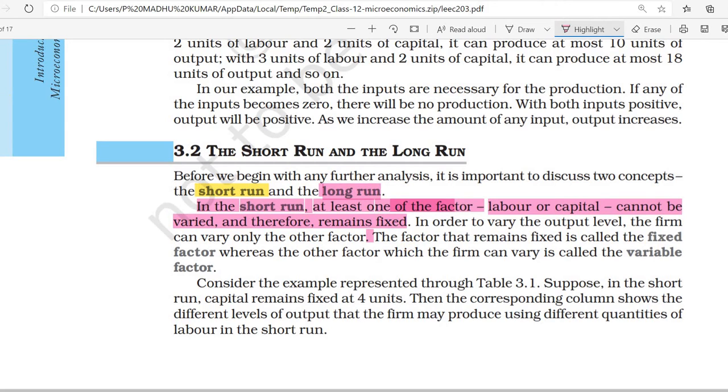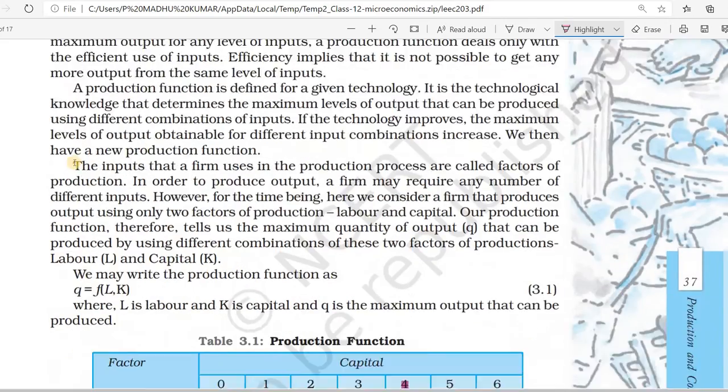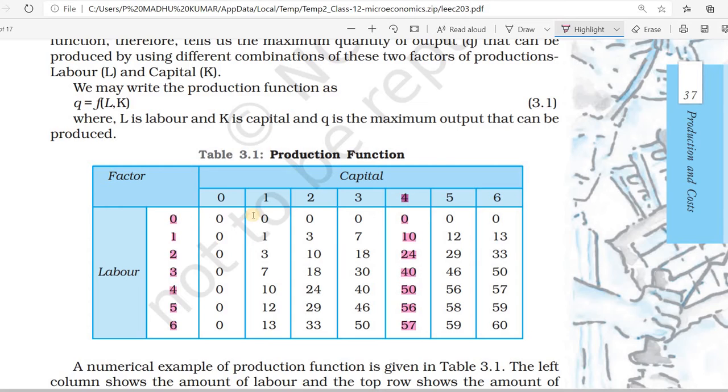Here in this table, one factor is fixed. Capital is fixed, capital is 4. But what are we varying? We are varying the labor, 0, 1, 2, 3, like that. We are increasing the number of laborers, and at that time production also increases.